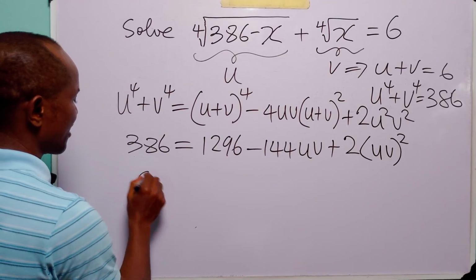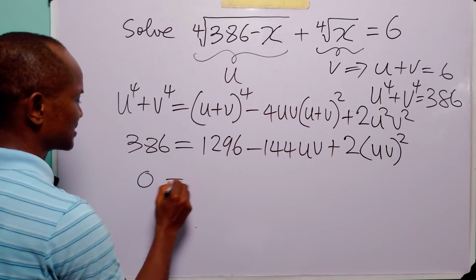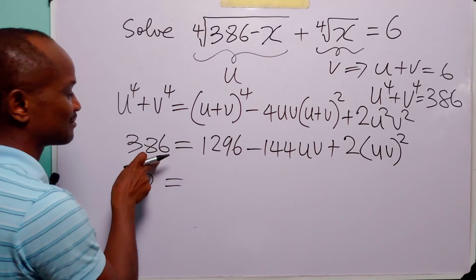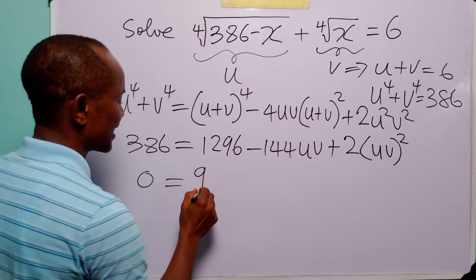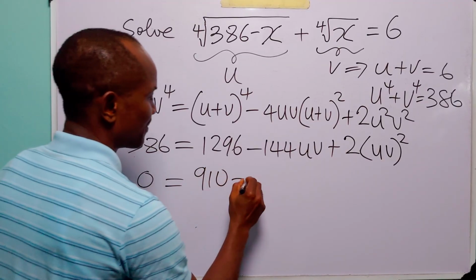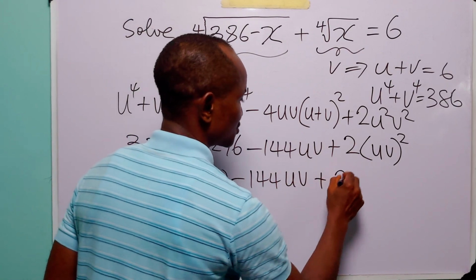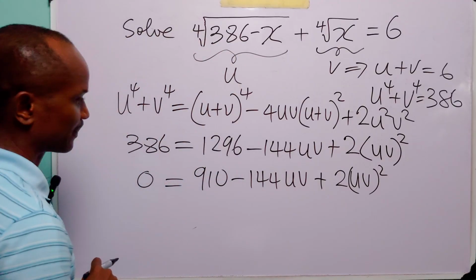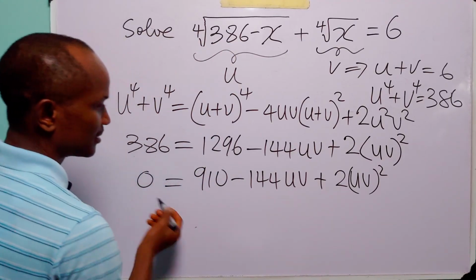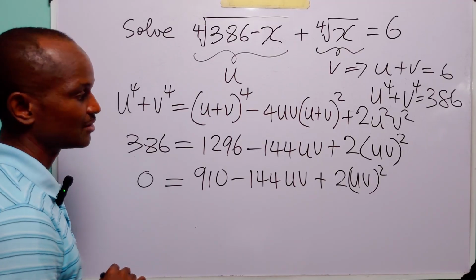Let us take everything over to the right-hand side. When we do that, we have 0 on the left-hand side. Now, 1296 minus 386 is going to give us 910 minus 144 uv plus 2 uv squared. Let us divide this equation by 2 to reduce the numbers we are dealing with.